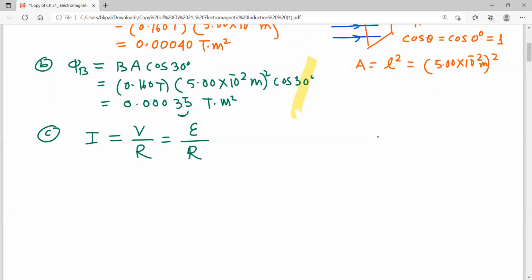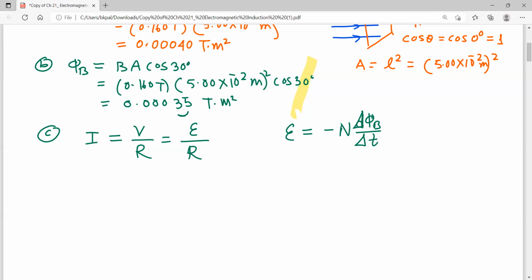Here the EMF is the induced EMF. In this chapter, the main thing is to understand induced EMF. When we have a change in magnetic flux, we'll have an induced EMF. The definition of induced EMF is N delta phi B over delta t.